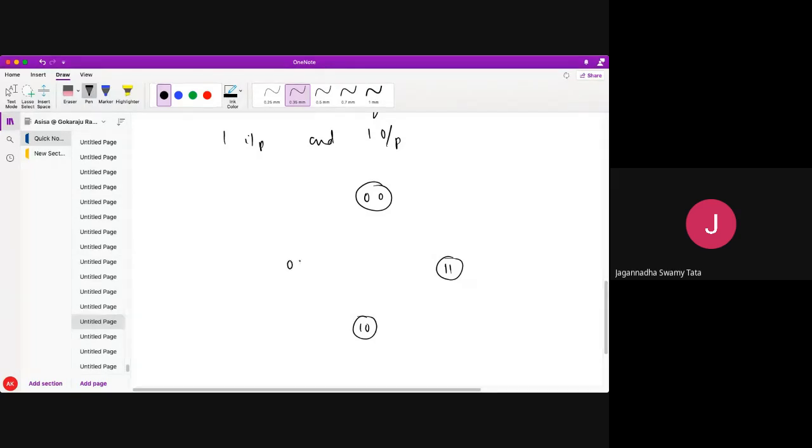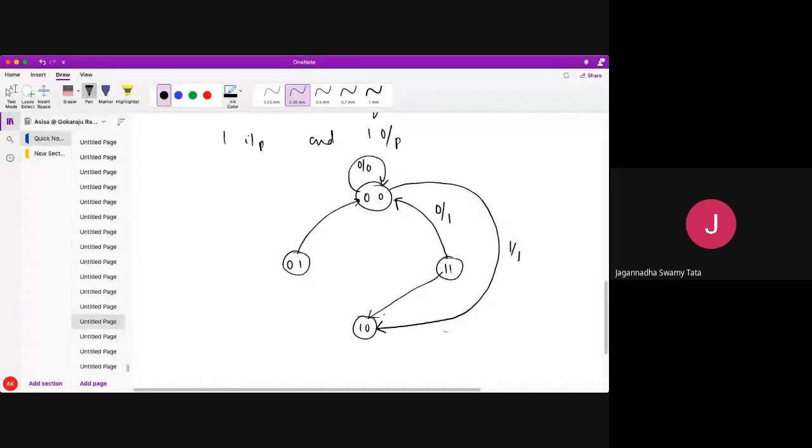So please understand, students, very important question. So the state diagram looks like this. Okay, so this is the state diagram given.